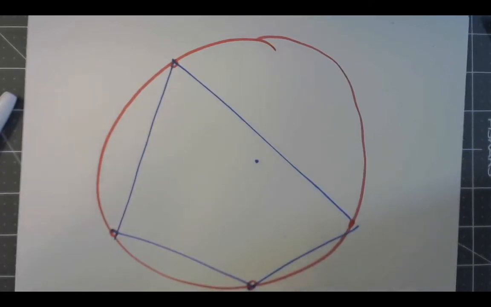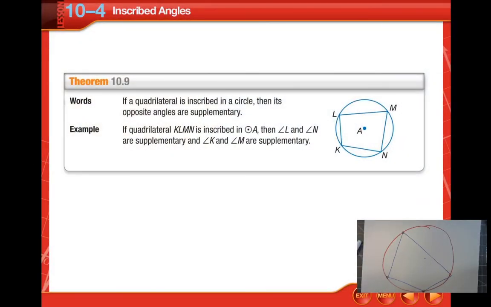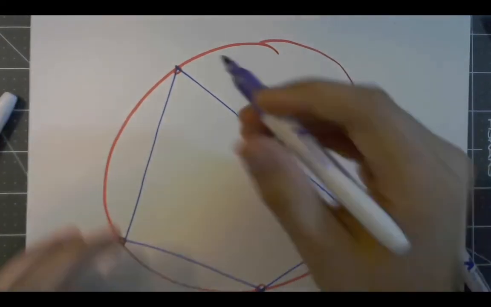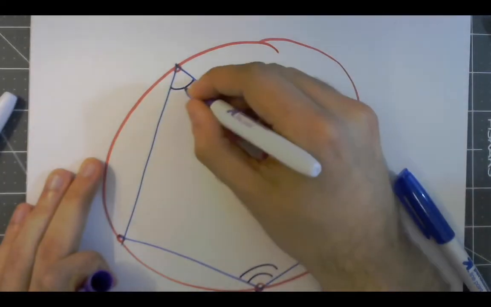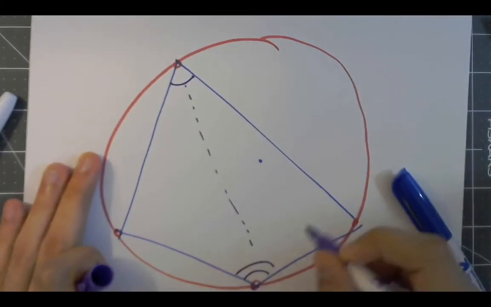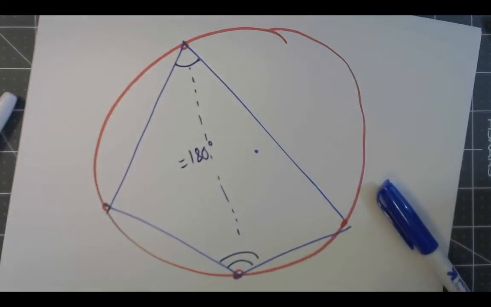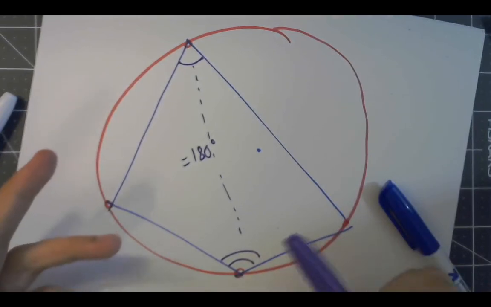But what this is saying is opposite angles are supplementary. Remember, supplementary means add to 180, and these are opposite angles. So that means this and this equal 180 degrees. We know for a fact that all 4 of these have to add up to 360.